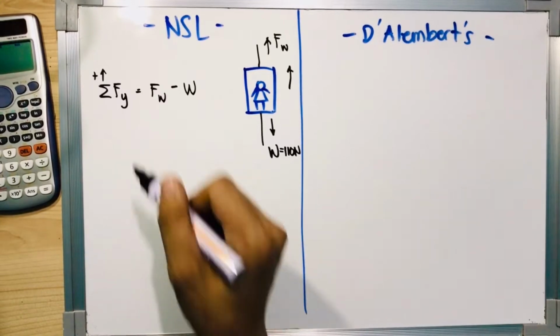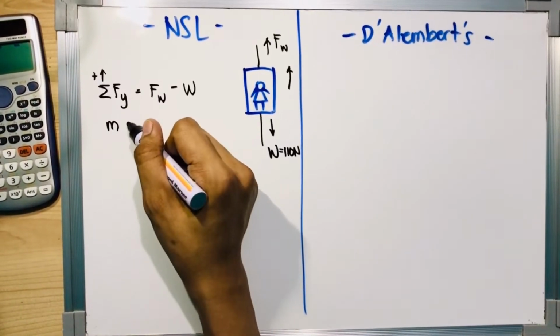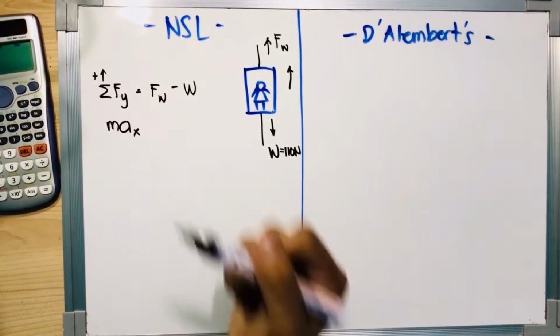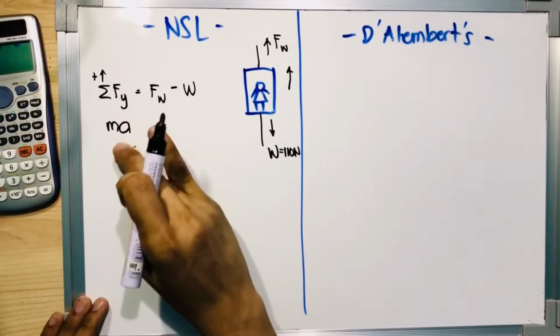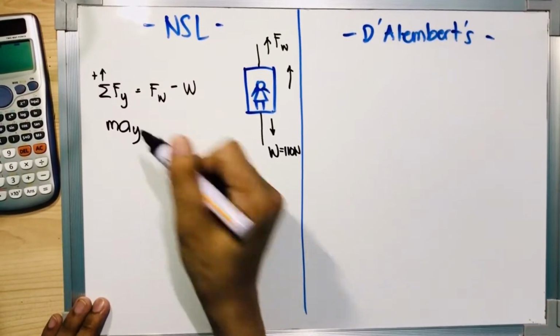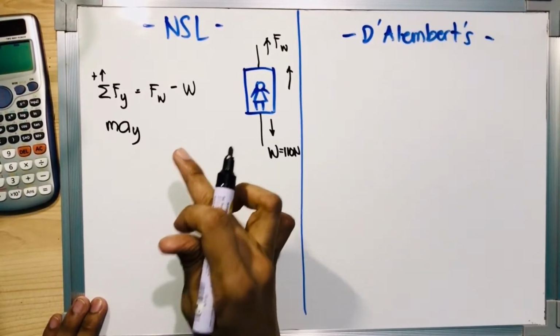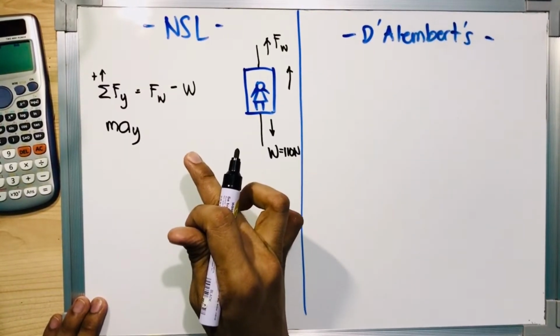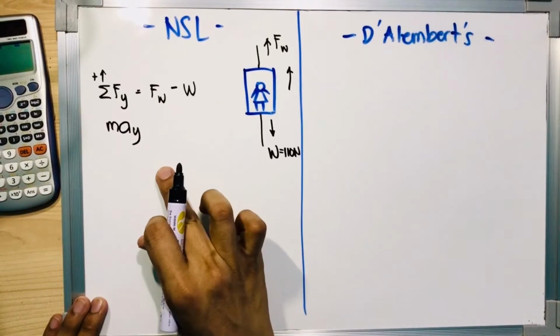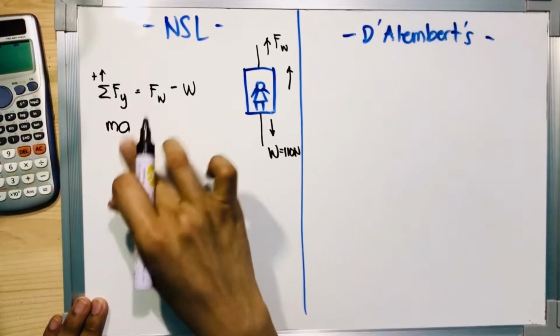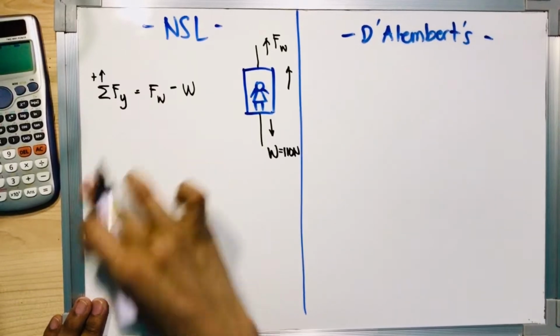So, meron tayong mass times the acceleration in the y direction, okay? But we don't need the acceleration in the y direction right now. Gamitin na lang natin muna is ma.